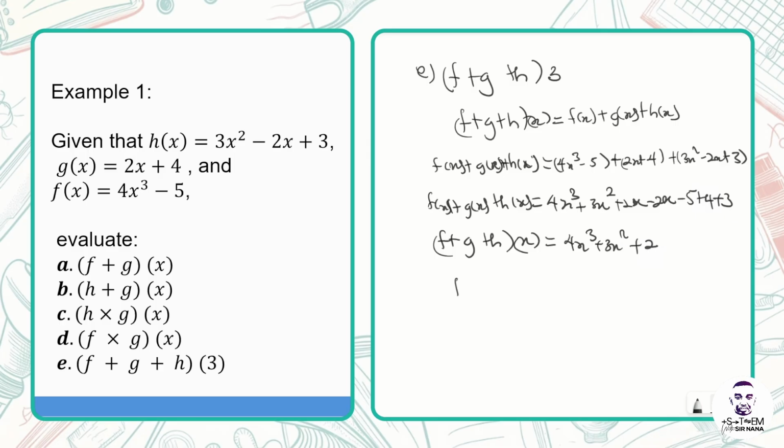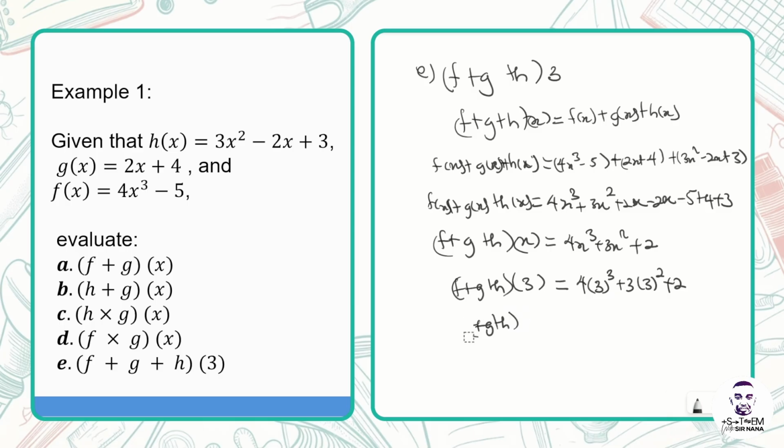So now we can find our f plus g plus h of 3, right? So it means that wherever we see x, we put 3 there in the function. So we have 4 multiplying 3 all cubed plus 3 multiplying 3 all squared plus 2. So it means that f plus g plus h, all these of 3, right?